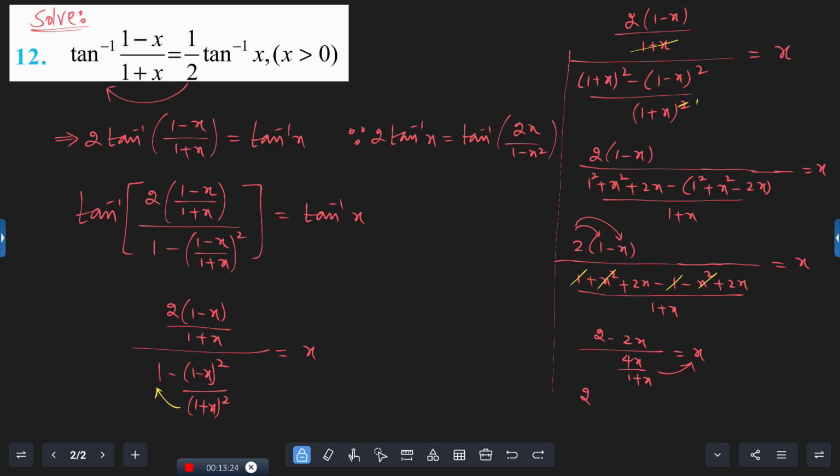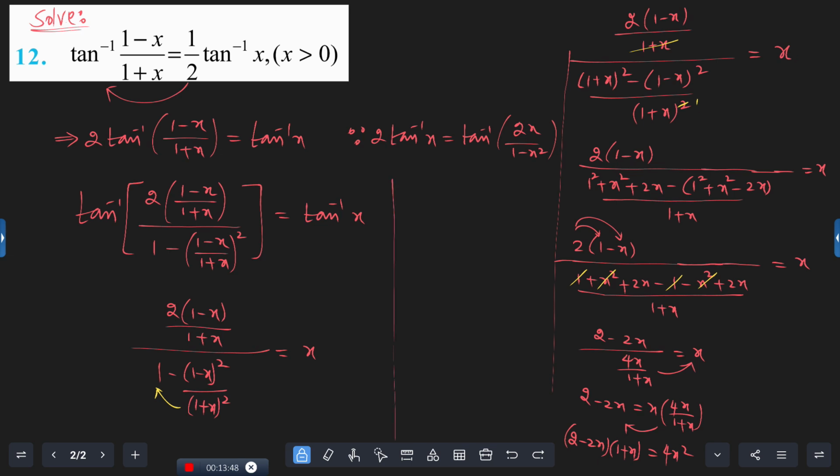What I am getting: 2 into (1 minus x) equal to x into 4x divided by 1 plus x. Again you have to send this opposite, so 2 minus 2x into (1 plus x) equal to 4x into x, 4x square.